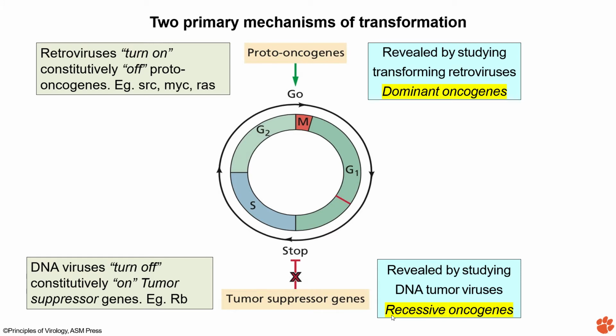In a normal cell, even if it is not infected, both of the alleles must be recessive so that the protein is not expressed. If one of them is active, it's going to produce the protein. So the virus is basically counteracting that, and these are the recessive oncogenes, which are the tumor suppressor genes.